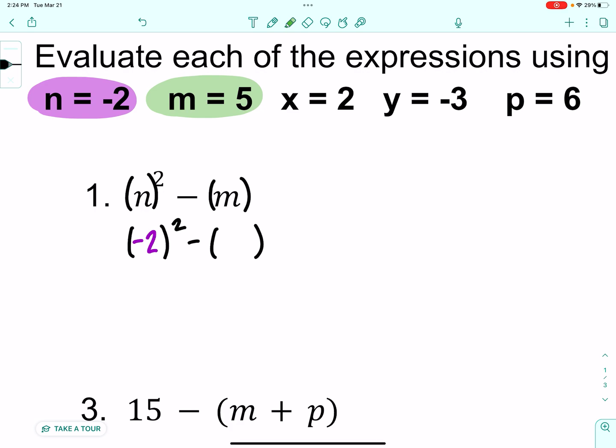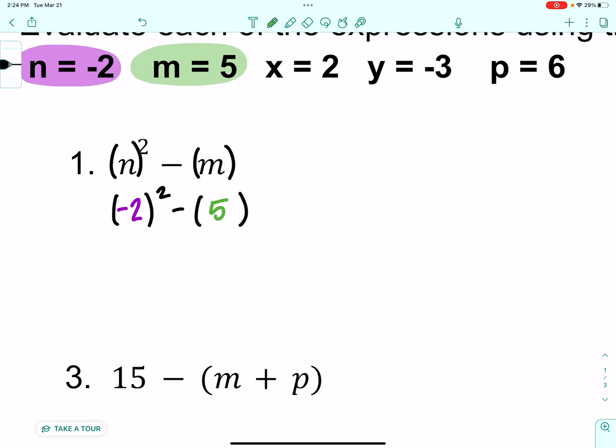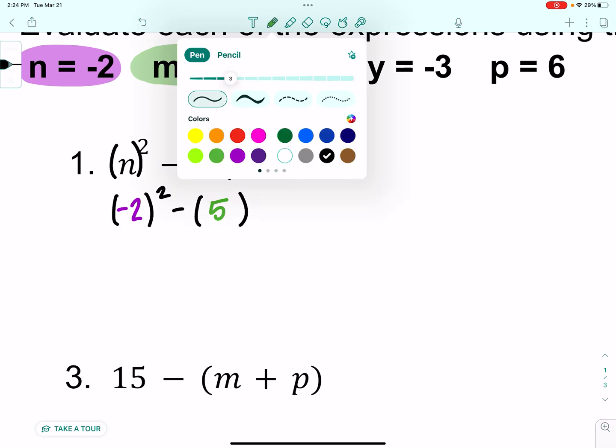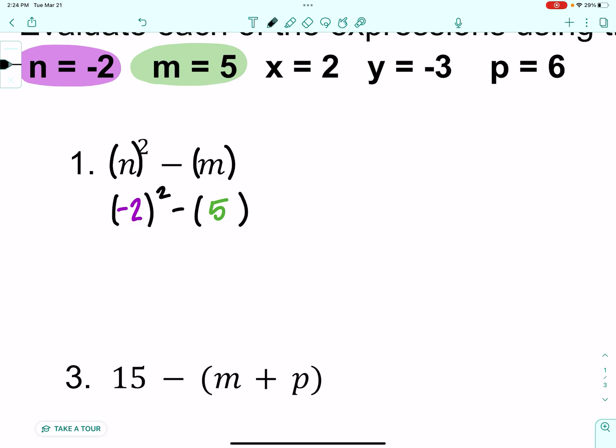Then I need m as 5. So I'm going to put a 5 in the m spot. Now, please use a calculator if you aren't super confident in your arithmetic abilities. -2 squared is a +4. 4 minus 5 is -1. I don't know where my square went. There we go.